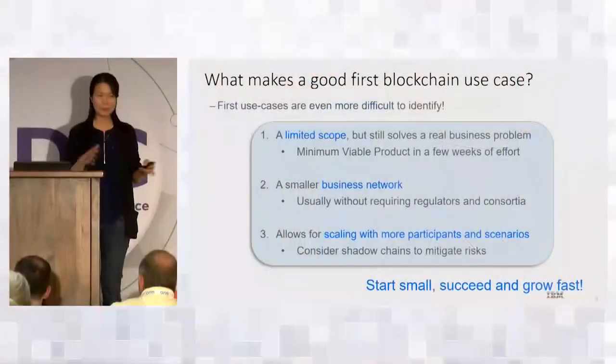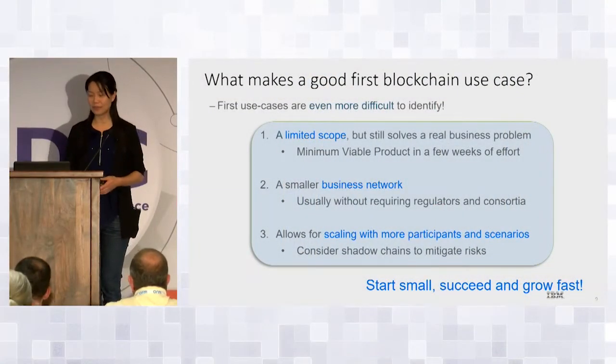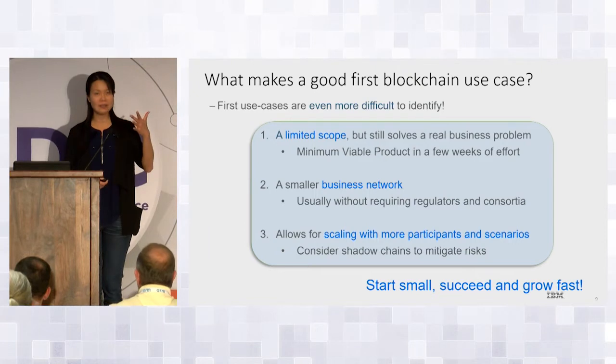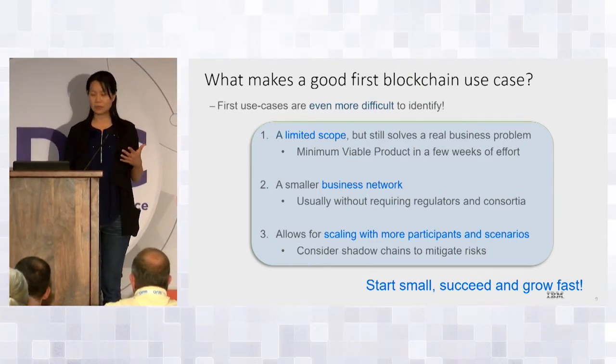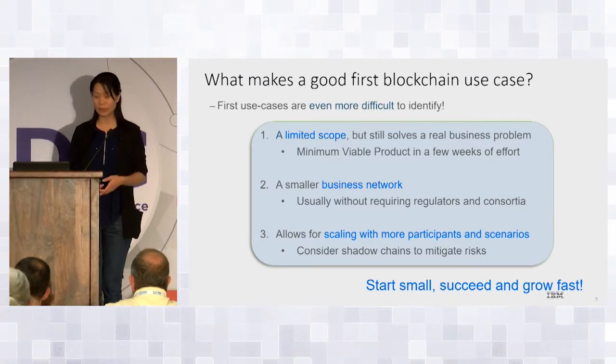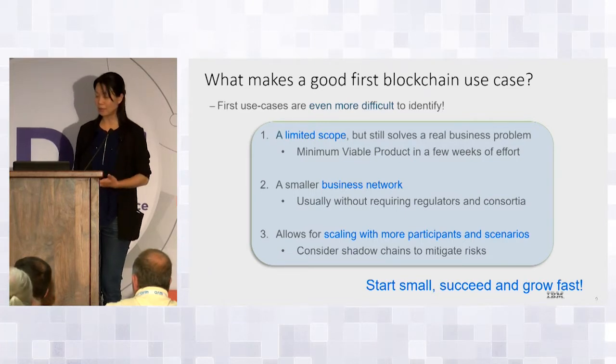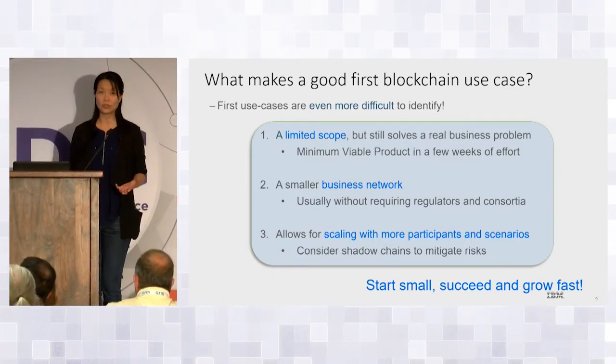And even if you are able to get all the use cases in your business together, right? You were able to figure out, I can try blockchain on this use case and that use case. You still need to limit it to find out what is the first use case you want to do. And to find that first use case, you need to make sure that it's a very limited scope because you don't want to boil the ocean with the first project you have.